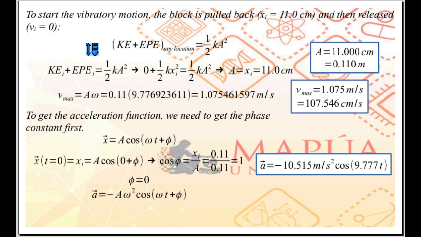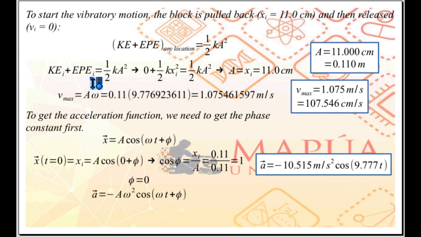Using the energy equation for spring motion, the total mechanical energy at any location is equal to 1/2 k A squared. Let's choose the initial location, with X initial and V initial. For the initial location, we have initial kinetic energy plus initial potential energy equal to 1/2 k A squared. The initial speed is 0, therefore the initial kinetic energy is 0.